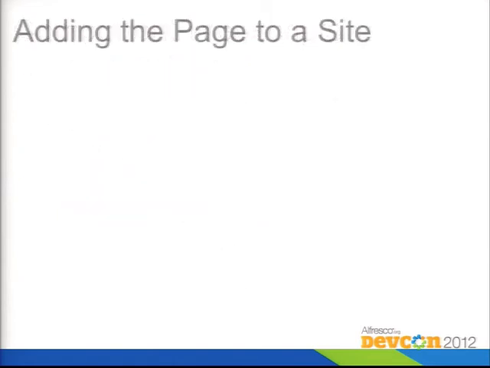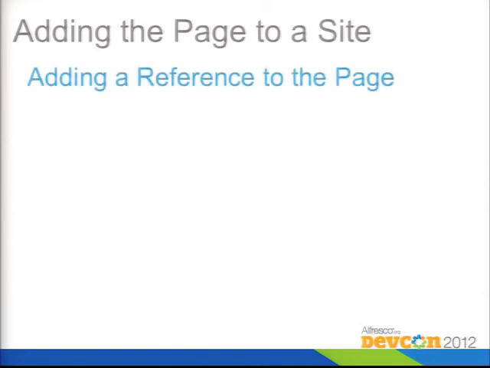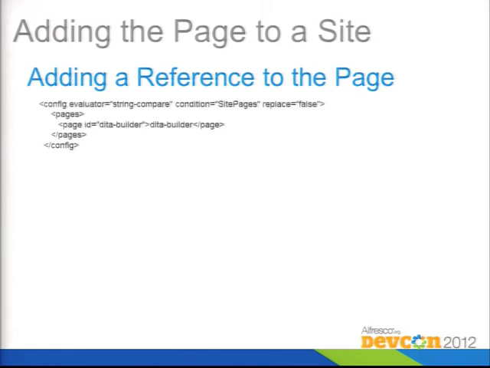So to add the page to a Share site, there's just a little piece of XML configuration that you do for that. This is a little piece of code that you stick into a share-config-custom, and it tells Share to add this new page to the list of pages that you can put onto a site.